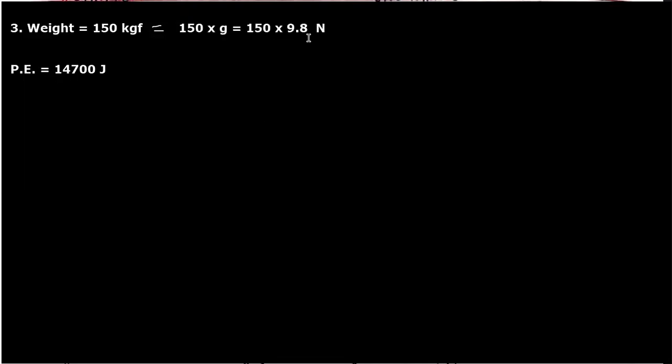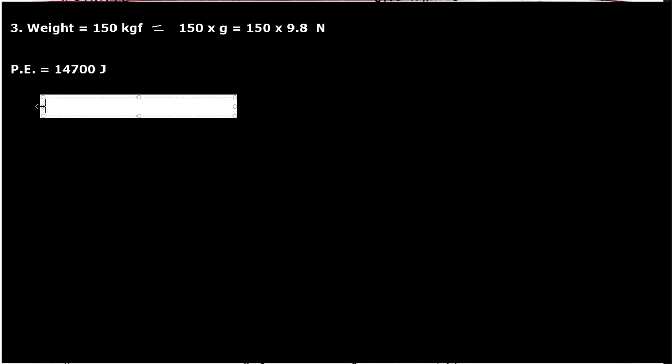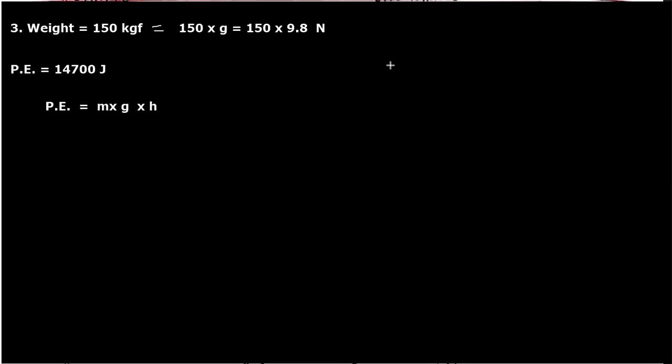The answer can now be written in newtons. No need to solve it further; we'll do the calculation at the end. So now let's put in the formula of potential energy. The formula of potential energy is equal to m multiplied by g multiplied by h. Now children, pay attention. This m into g is known as weight.